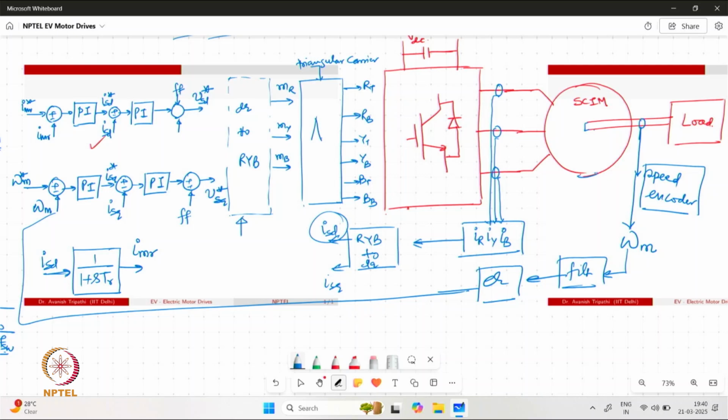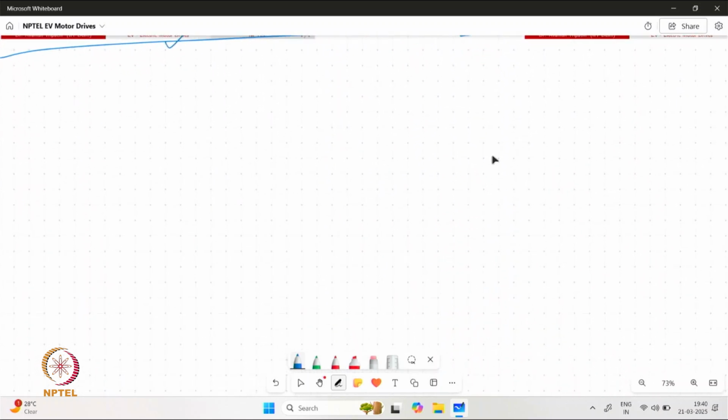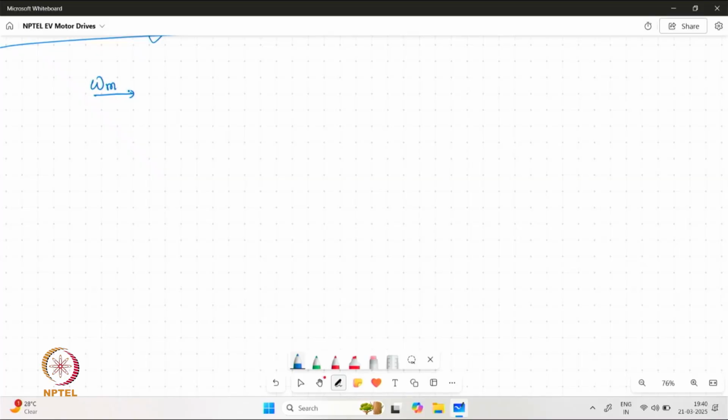Now in that case, because for all the conversions, dq to ryb or ryb to dq, we are going to need the unit vectors. Now these unit vectors can be generated on the basis of the feedback omega m which is available, by assuming that our flux is going to be oriented along the theta generated from this omega m. So we have the omega m value generated in electrical radian per second.